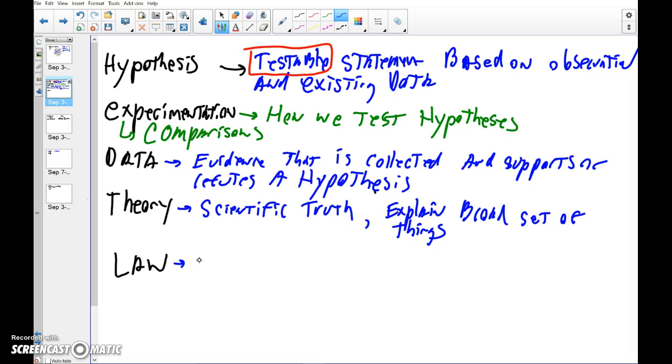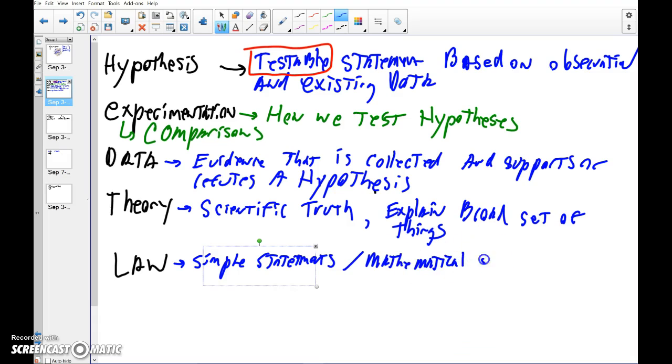We also have a law. Laws tend to be simple statements. Frequently, they are mathematical equations. And those equations, or those simple statements, will say something that is pretty much always observed as truth.